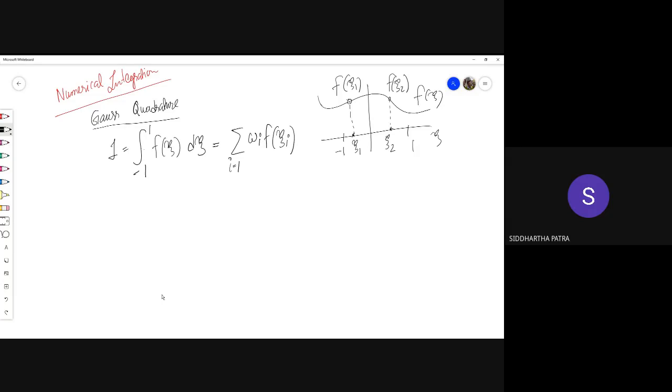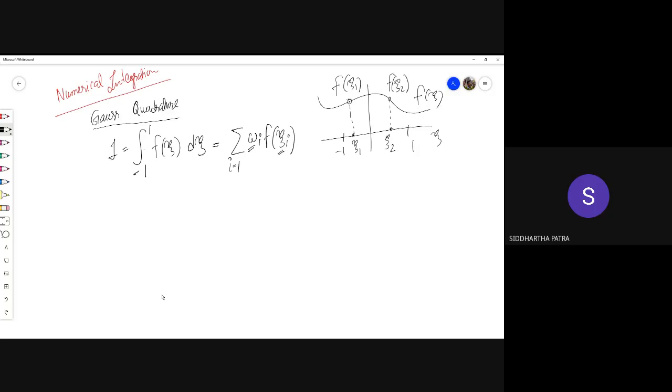First we will see the situations where we can exactly evaluate this integration. And then from that we'll identify the correct values of the weights and the correct values of the xi i's.